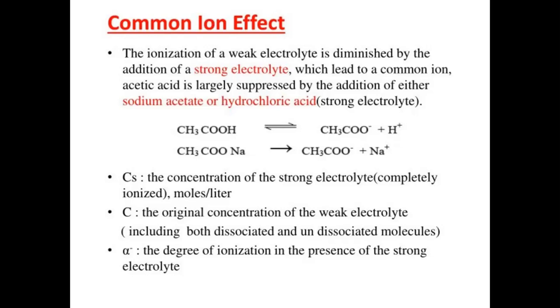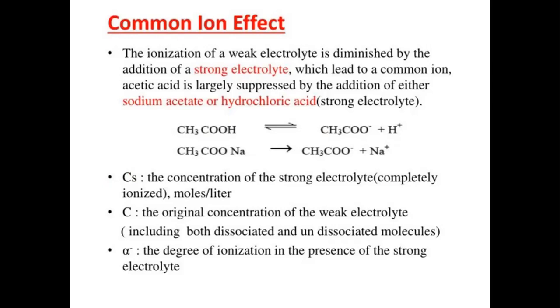So ionization of a weak electrolyte is diminished by the addition of a strong electrolyte which leads to a common ion, and is known as common ion effect, or we can define it as the suppression of a weak electrolyte by a strong electrolyte, right, known as common ion effect, students.